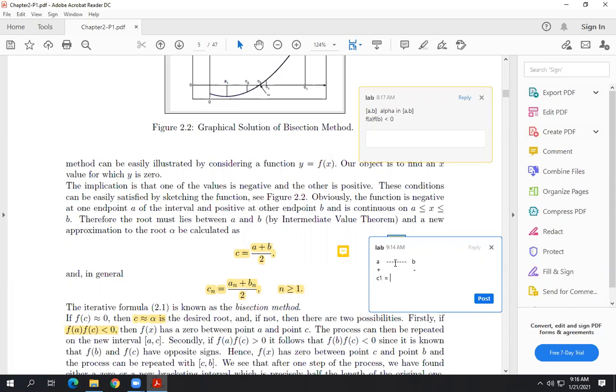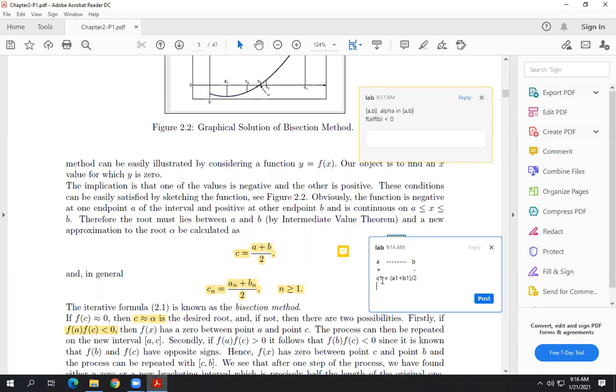What is the c1 formula, please? (a1 plus b1) divided by 2. a1 is the same a, b1 is the same b. Okay, you stop here. How many approximations do you have now in total? 3: a, b, and c1.